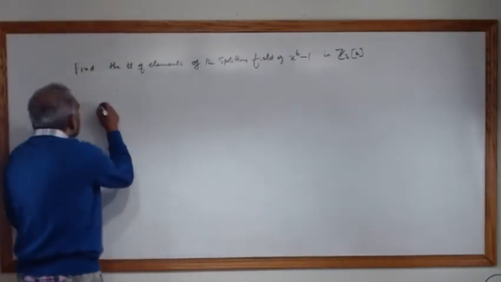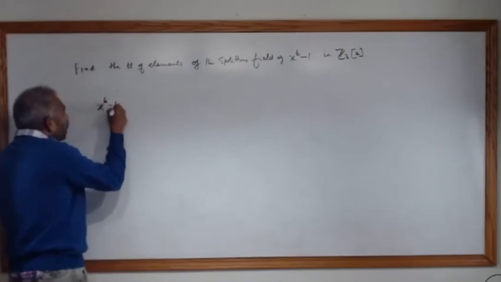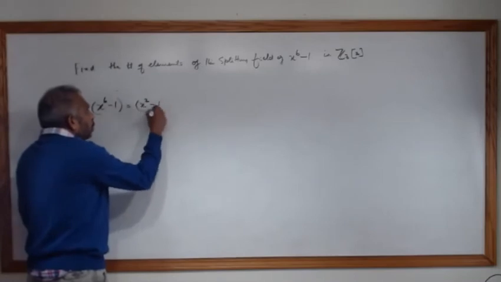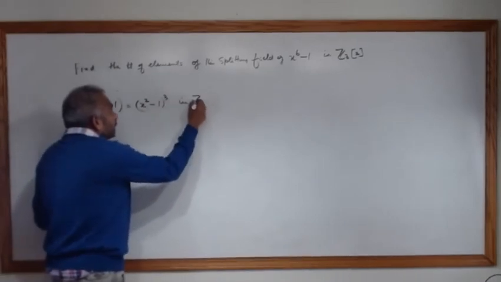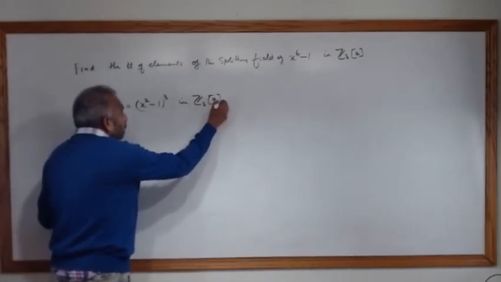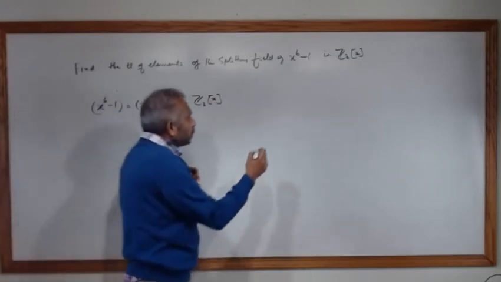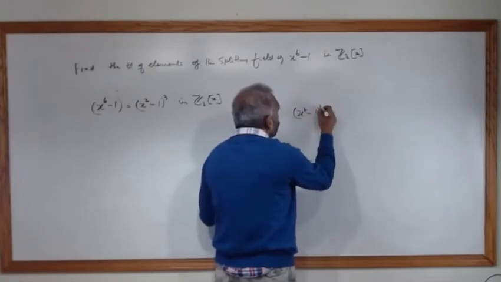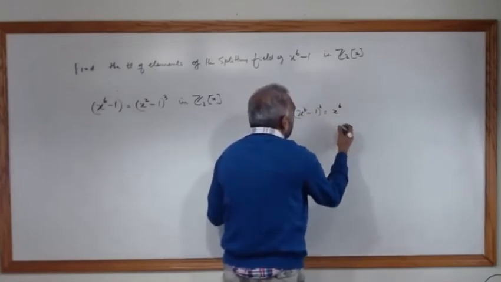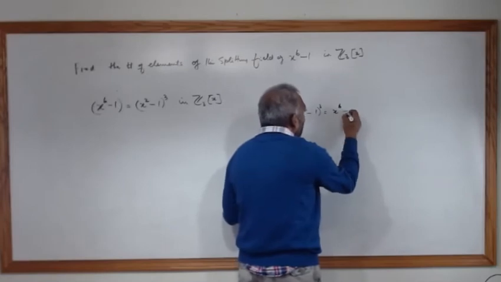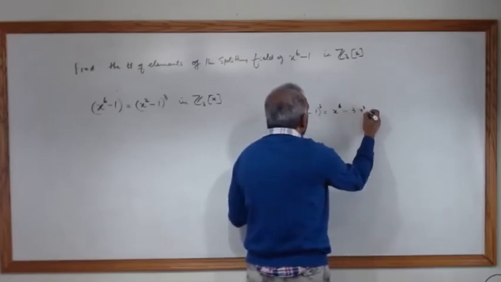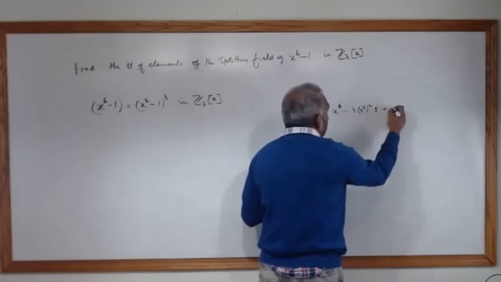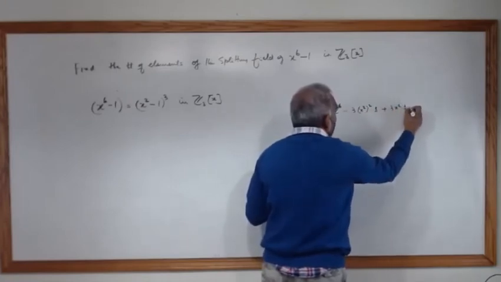So x to the power of 6 minus 1 can be written as x square minus 1 whole cube in Z3 of x. Because if you expand this, x square minus 1 cube is equal to x to the power of 6 minus 3 times x to the power of 4 plus 3x square minus 1.